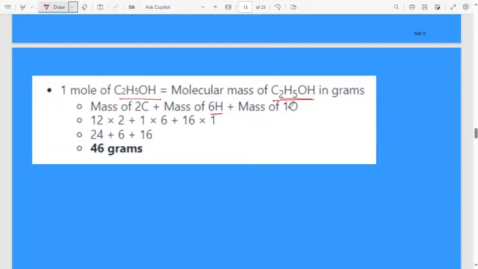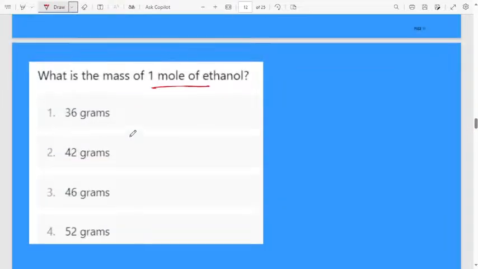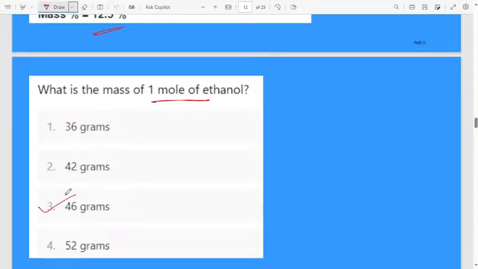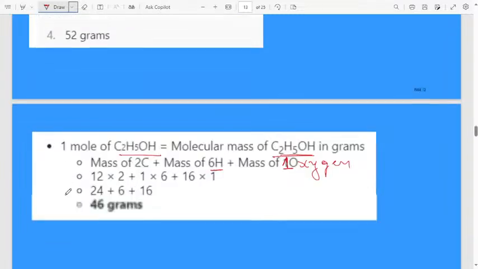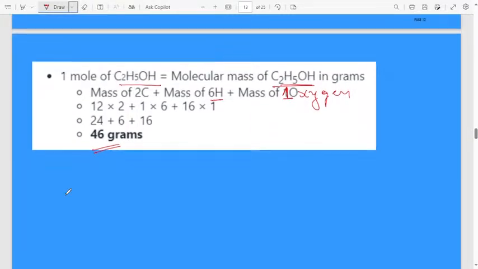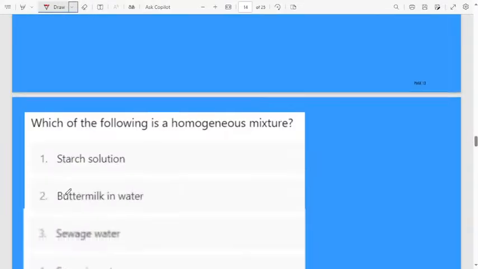The mass of 1 oxygen, this is 1 oxygen, don't get confused. Then 12 into 2 plus 1 into 6, plus 16 into 1, add, and you will get 46 gram. The correct answer is 46 gram. This problem is very easy. Let us move to the next one.